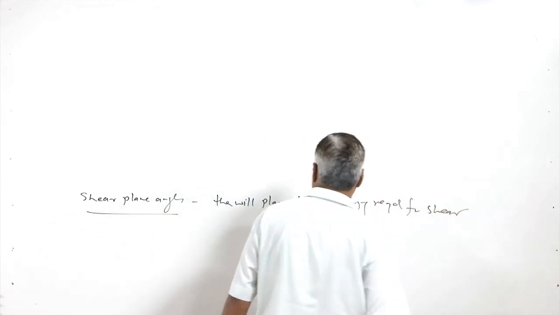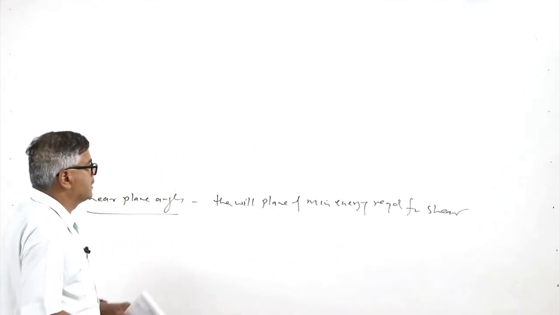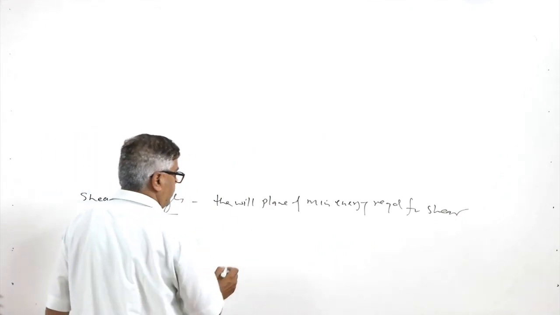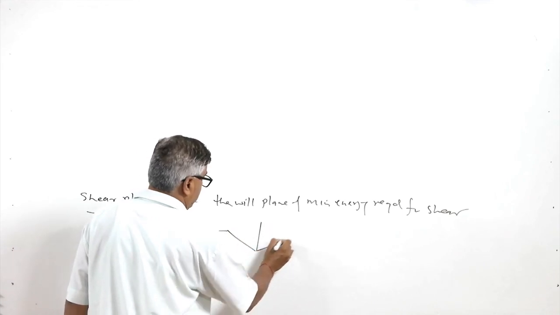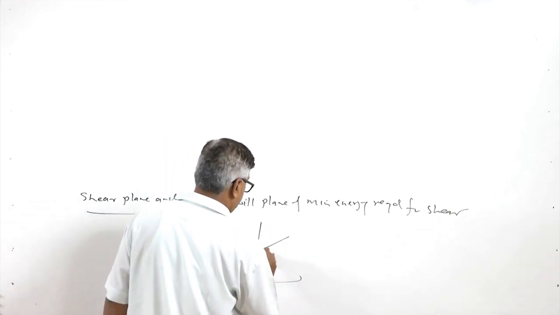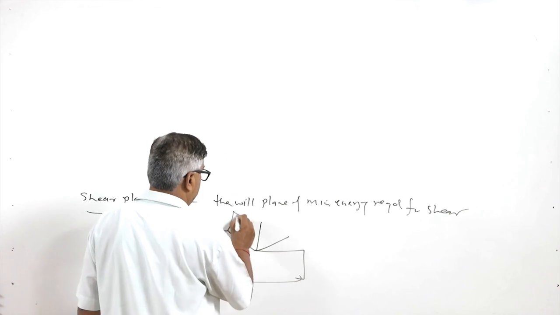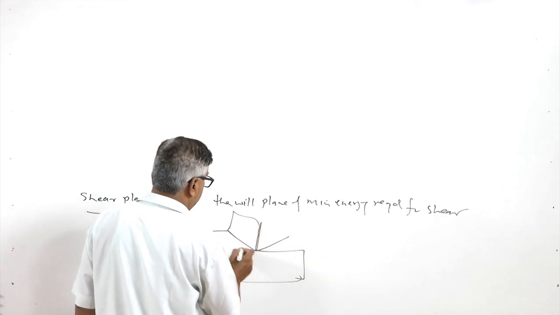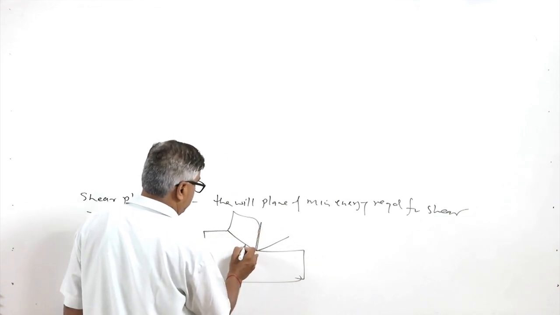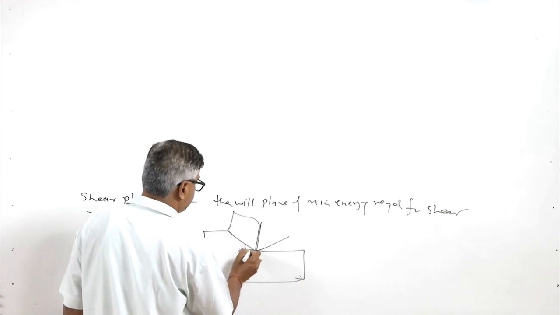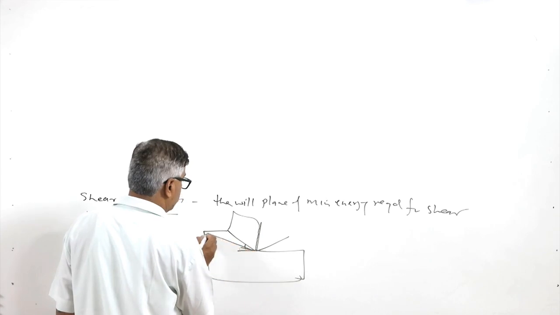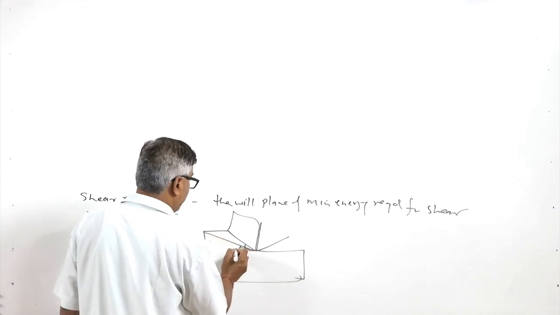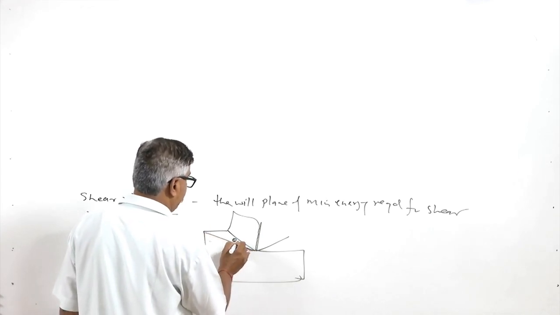So for a given material and a given set of conditions, the shearing will occur along a particular plane like this, or this plane may be of a further lower value. So depending upon the phi value, maybe phi 1 or phi 2.